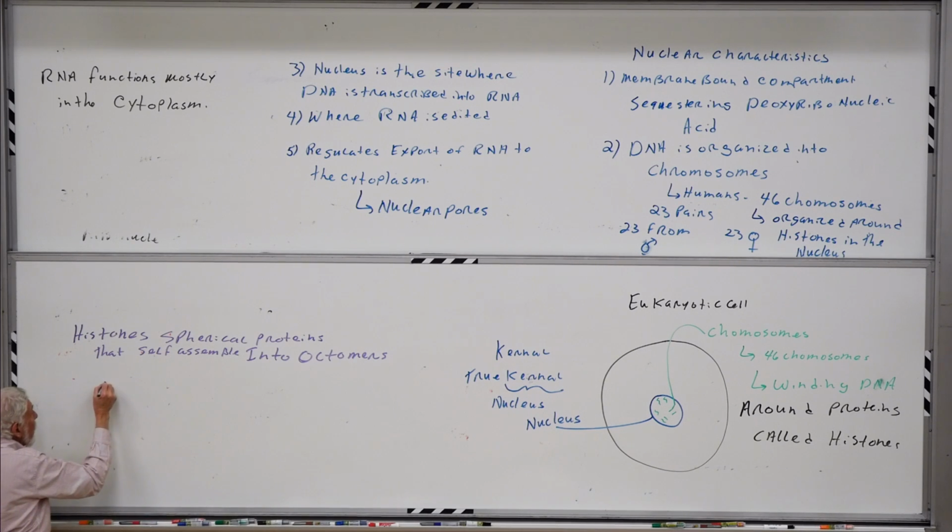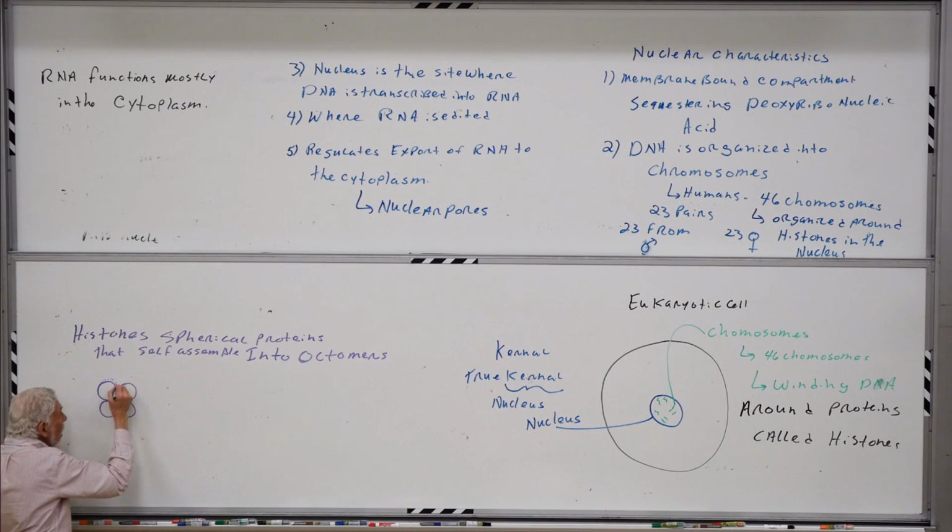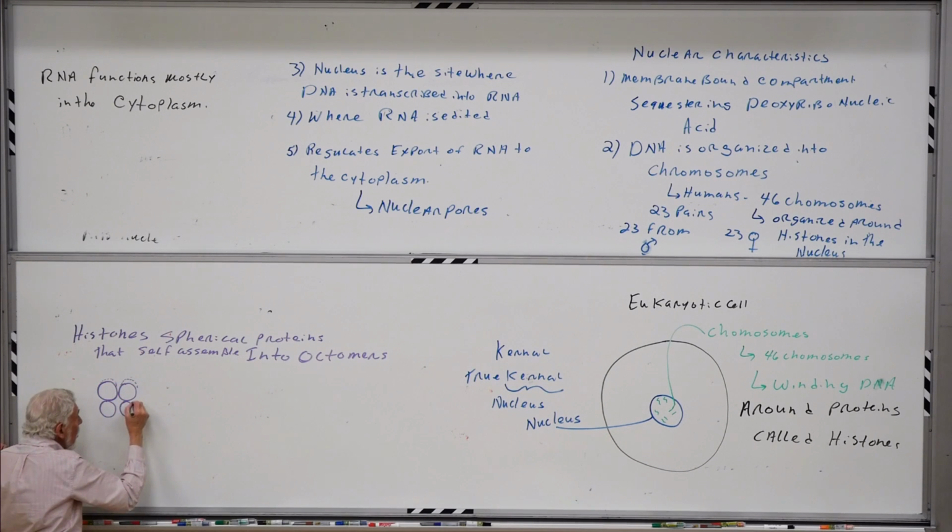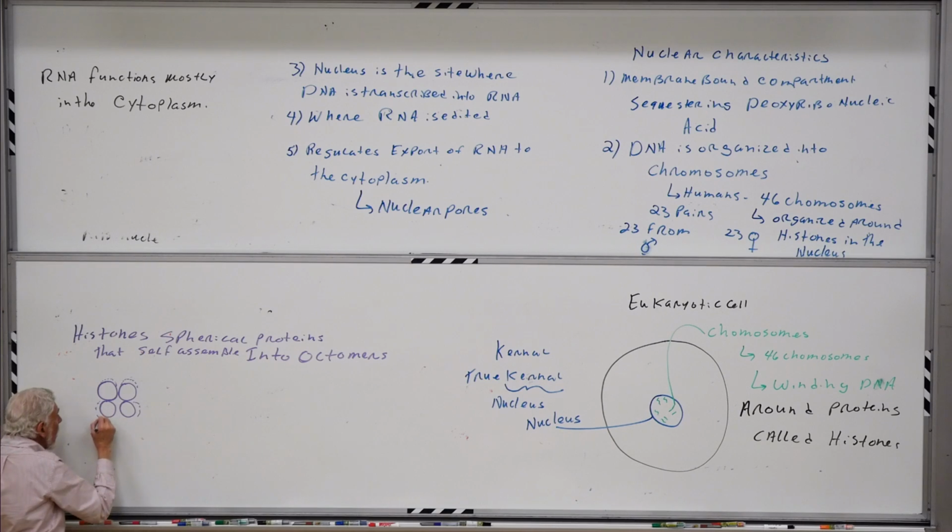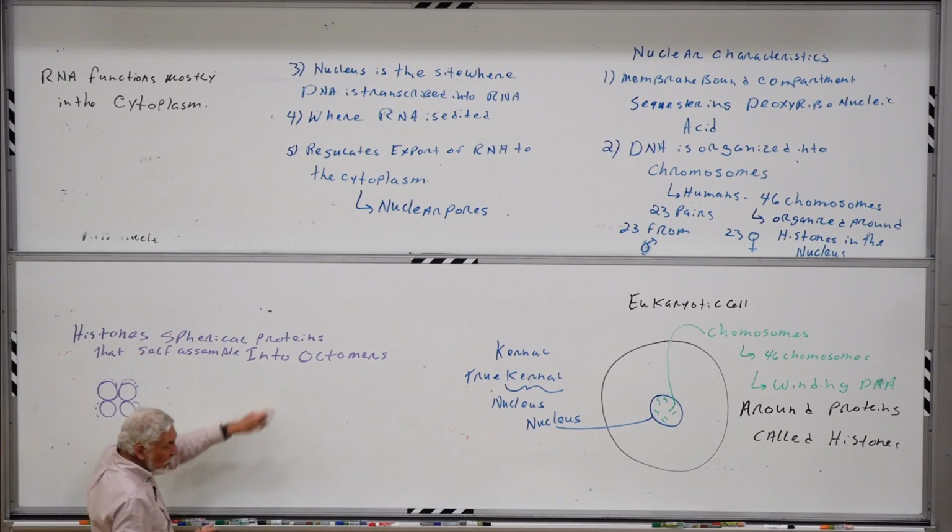So if you have one of these individual histones, it will assemble with a neighbor, and that with a third, and then a fourth. Now, what I'm terrible at showing is three dimensions, and so there'll be another histone behind this. So each of those histones is assembled into a set of 8, called an octamer.